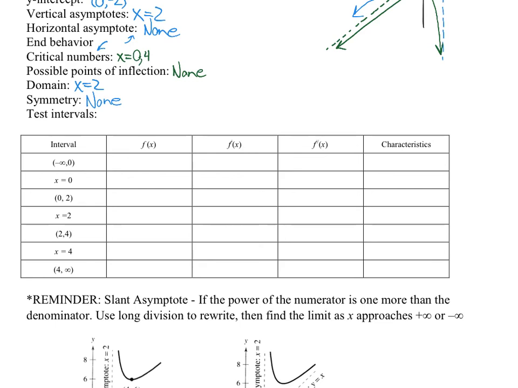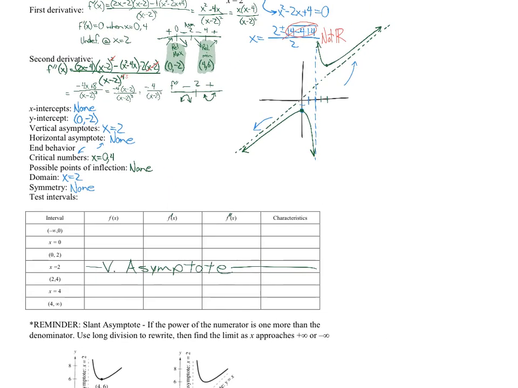All right, now there is a table here that you can use. You can make this little table yourself, if you want. Here at x equals 2, this was a vertical asymptote. On the interval from negative infinity up to 0, the first derivative was positive and the second derivative was negative.